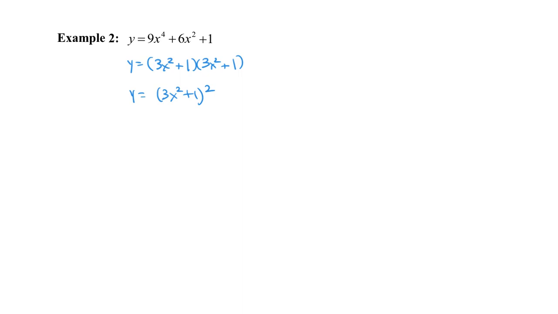just so we can investigate that chain rule idea that we had above, where dy dx seemed to be equal to dy du times du dx. So for this one, let's think of this as a composition of functions where we have y equals u squared and u equals 3x squared plus 1.